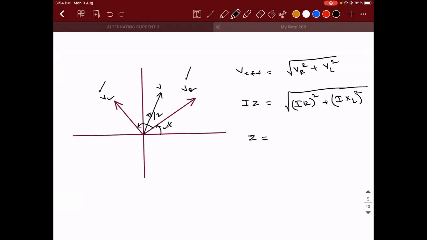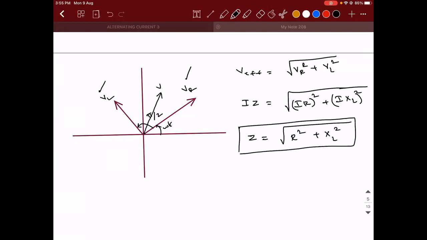If I take I common, Z will be equal to root of R square plus XL square.